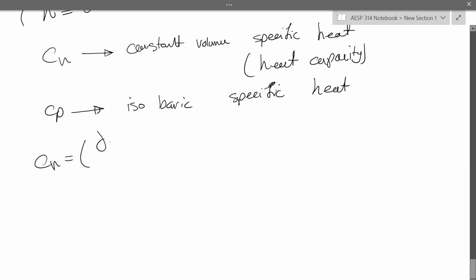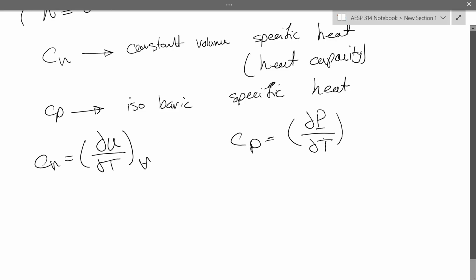So constant volume is defined as the partial derivative of U with respect to T, the changes of internal energy with respect to changes in temperature when the volume is kept constant. And C_P is defined as the partial derivative of enthalpy with respect to temperature when pressure is kept constant.